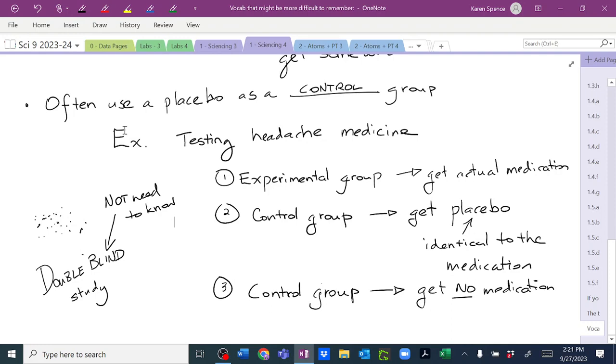Is there anyone who did not get a vocab list? Oh, Sean. There you go.